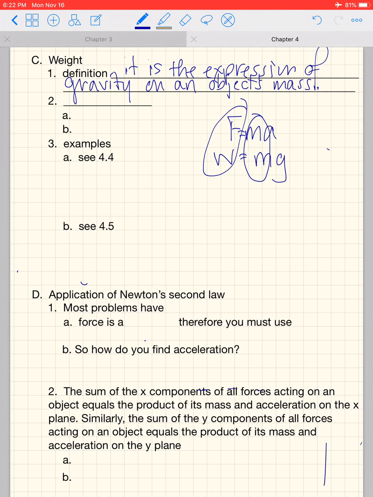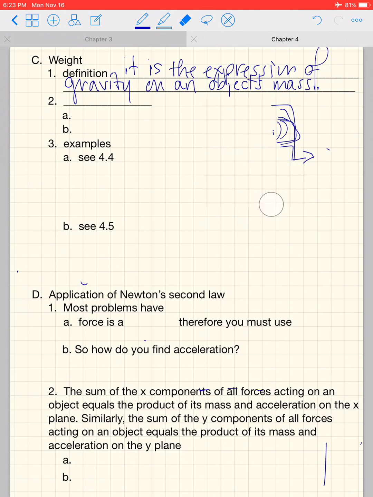That doesn't change. And g is just acceleration due to gravity, which is what weight is, the expression of gravity on an object. So this formula really mirrors this formula very well. It just mirrors it in a very specific situation, how weight is going to affect the object's mass.